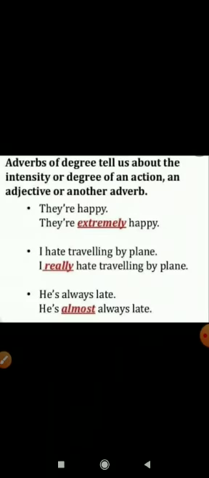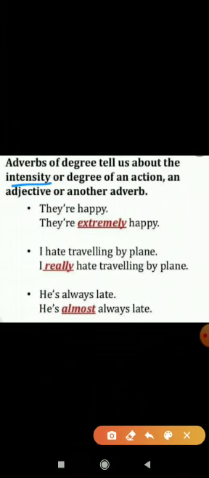Adverbs of degree. Adverbs of degree tell us how much or to what extent an action happens. They tell us about the intensity or degree of an action, an adjective or another adverb. Here we have a few examples.